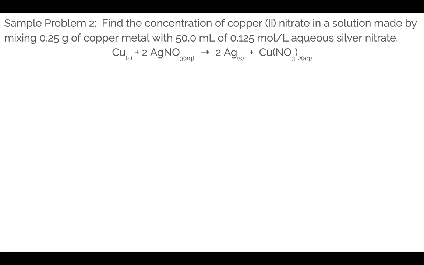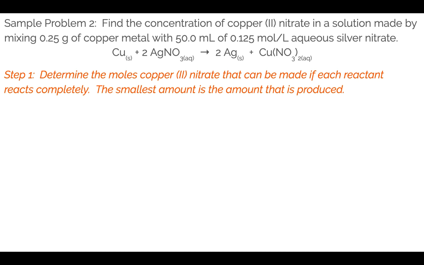So we need to find the concentration of copper(II) nitrate, which means we're going to need the moles, so we can then divide by the volume to get the concentration. So for this one, we're going to determine the moles of copper(II) nitrate that can be made by each reactant. So if each reactant reacts completely, how much could be made? And whichever one produces the least, that's what is actually produced.